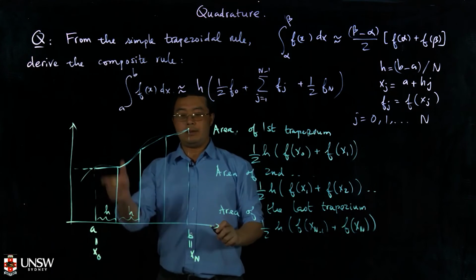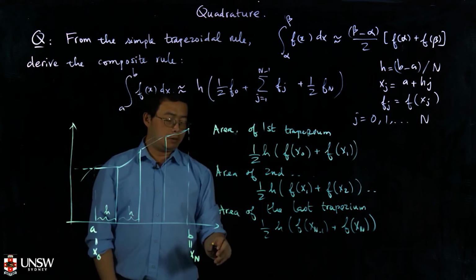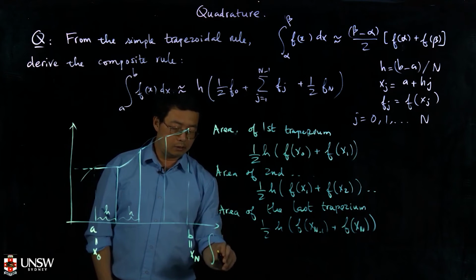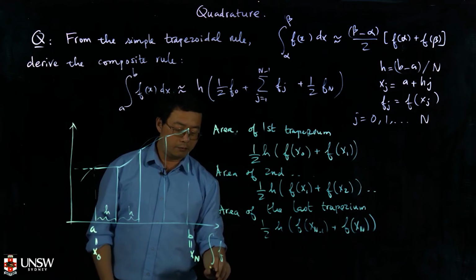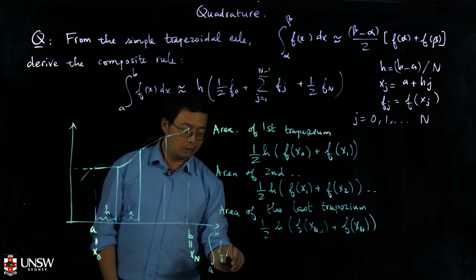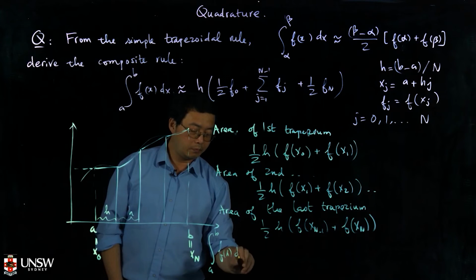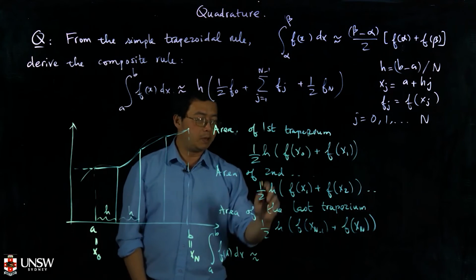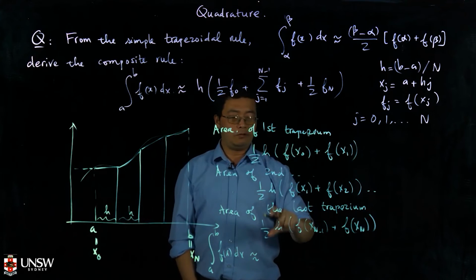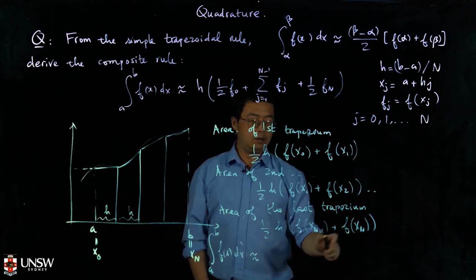Okay, and when you sum it up, you can say that the area under the curve from A to B is approximated by the sum of the areas of all the trapeziums.